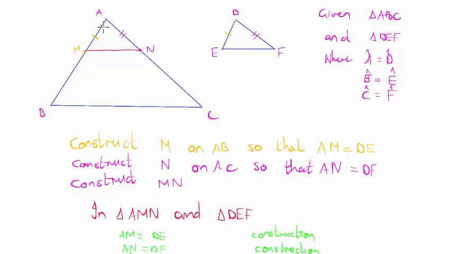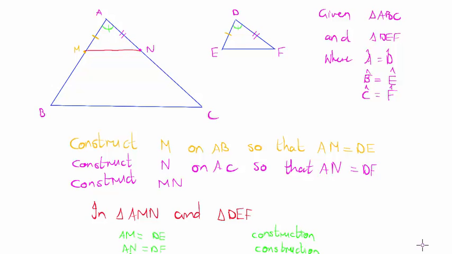Why is angle A equal to angle D? Now, for example, here's my phone and my pen. They're equal. But just because I've got two equal sides, I can make any angle in between.